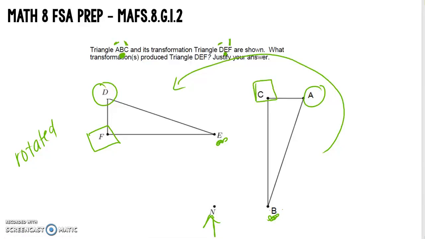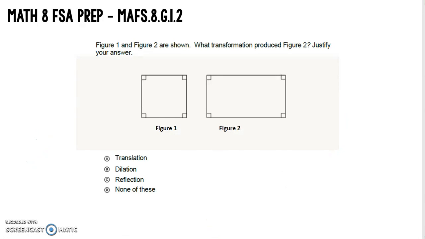All right, very good. Last problem here. What transformation produced figure 2? Go ahead and take a look. Your answer should be none of these. Translation is a slide.